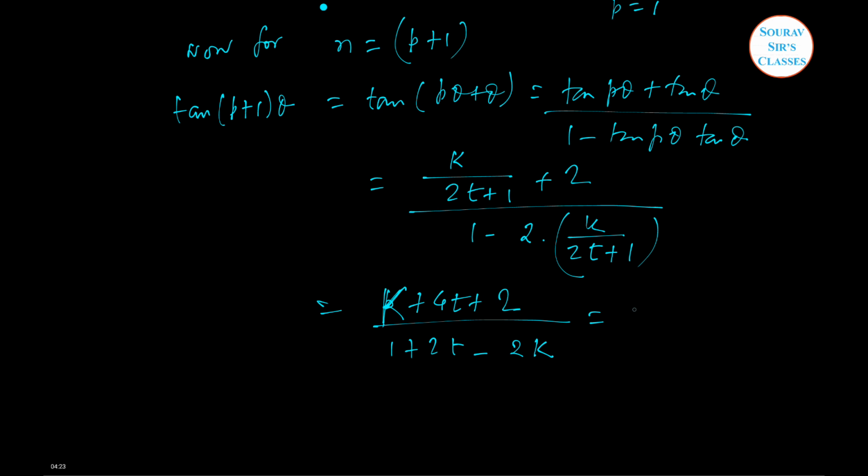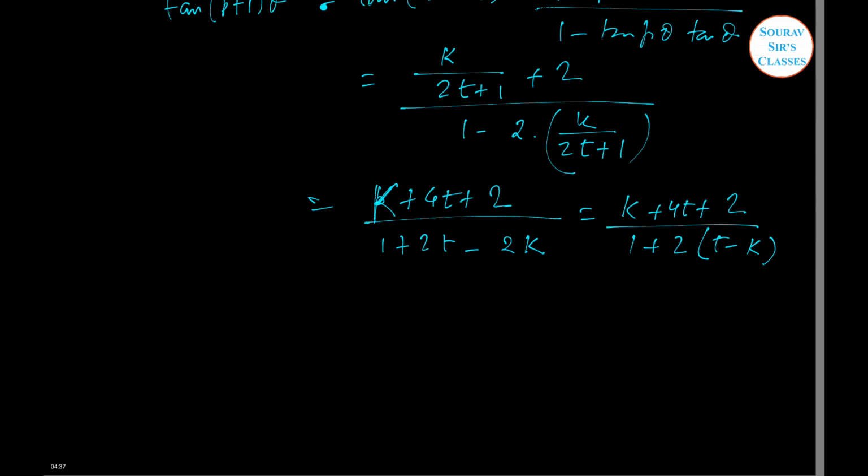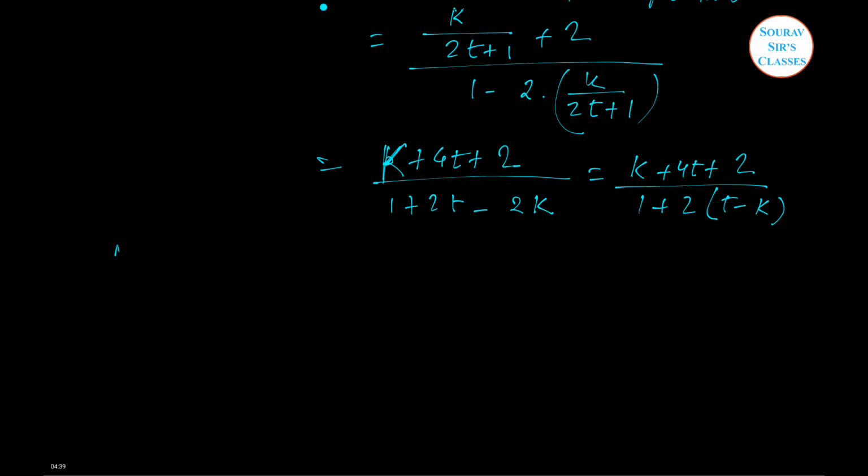So finally we can write k plus 4t plus 2 over 1 plus 2t minus 2k, taking this common. Now we can see that t is an integer, and k is also an integer.